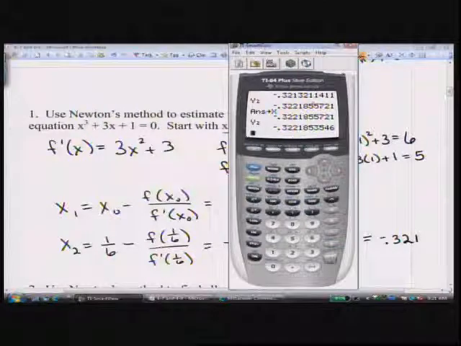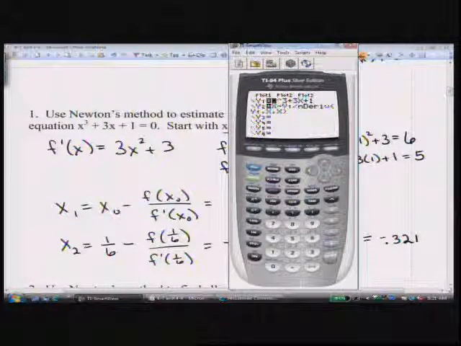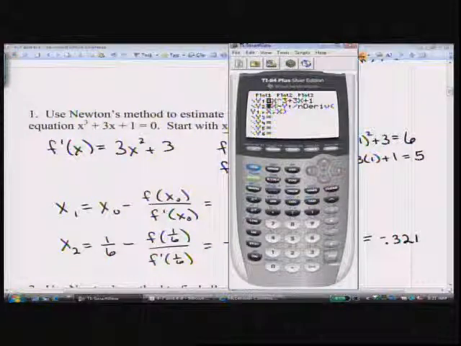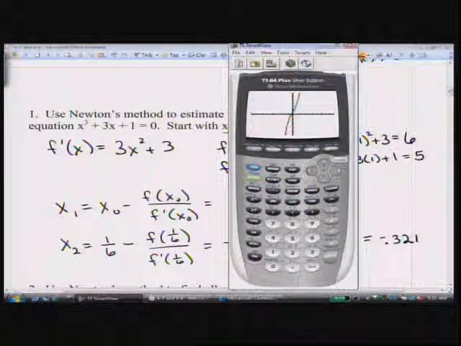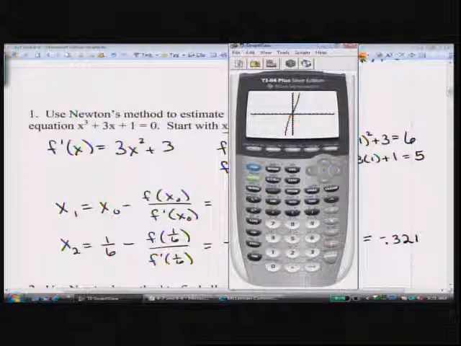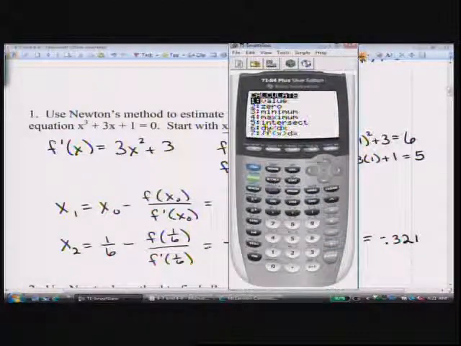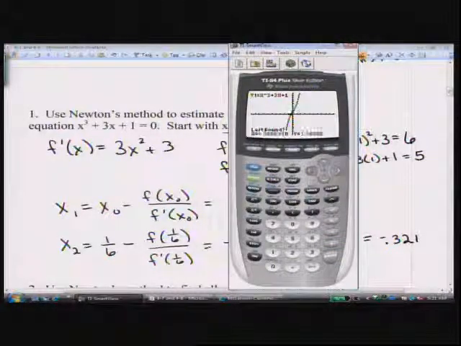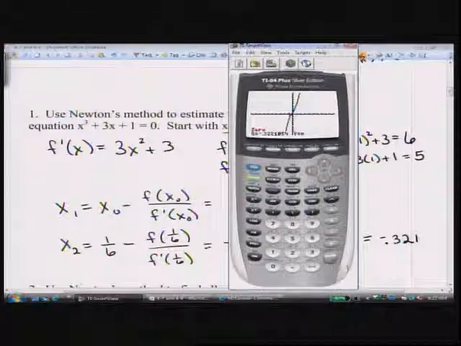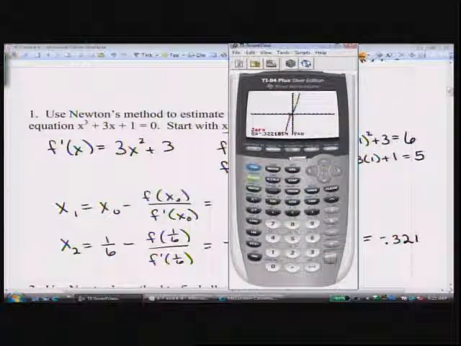So I know this really takes all the fun away, but if you go to the graph of this function, and you wanted to find that 0, you go to the left, and then you go to the right, and it's going to be negative 0.322185. So do you see it's computing it for you.